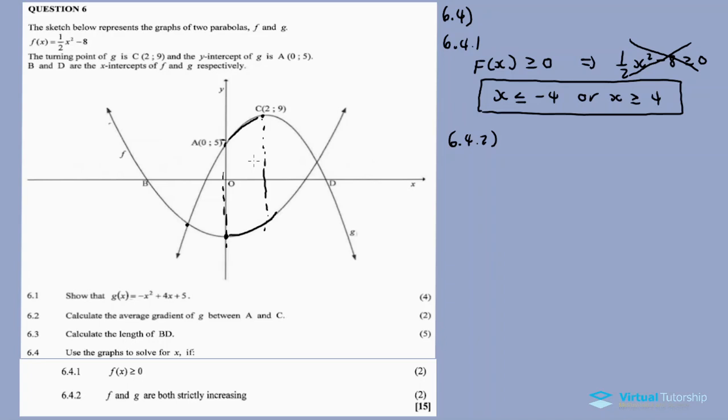So okay, just to clarify something: a graph increases if we move from left to right and the graph is going up. So for instance, f, when I start here and go, is going down, so it means we decrease.